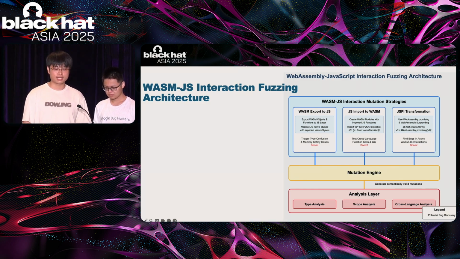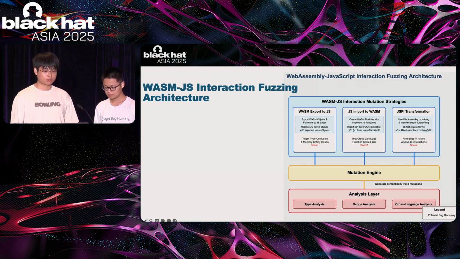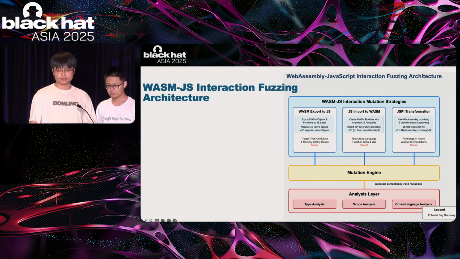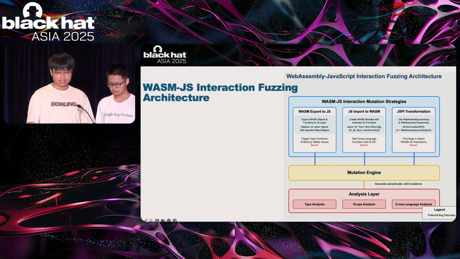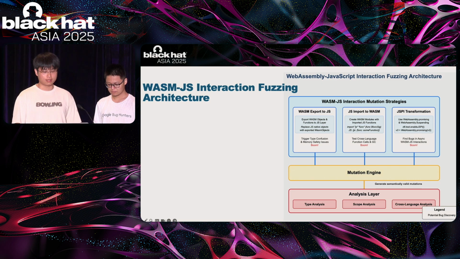First, we enhanced the fuzzing of WebAssembly imports to JavaScript. Now, the generated WebAssembly module can export objects such as arrays and structures to JS, randomly replacing native JS objects like arrays and objects. This increases the likelihood of triggering type confusion and memory safety issues, which traditional JS-only fuzzing often misses.